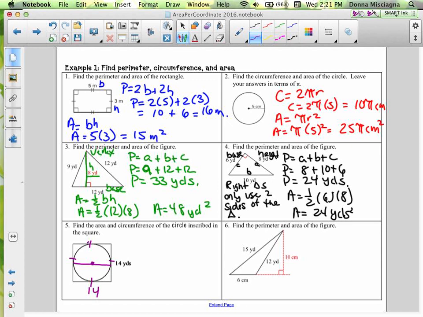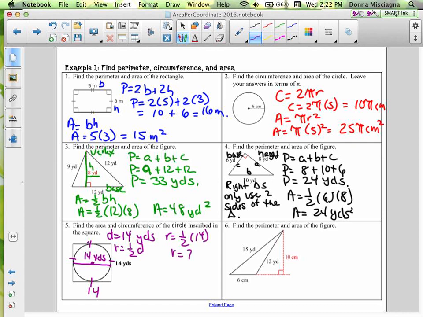Notice that from one point on my circle to the other, I go straight across the square, right through the middle. So this diameter is also 14 yards. The radius is just 1/2 the diameter, so my radius is 1/2 of 14, or 7 yards.